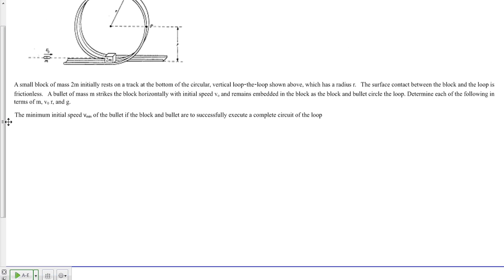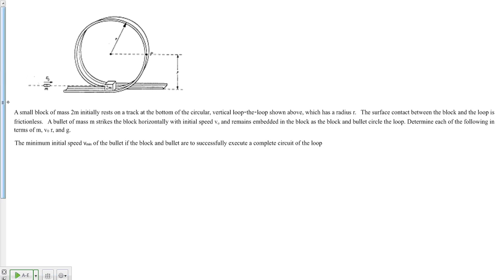Minimum speed if the bullet and the block successfully execute a complete circle. But where is it most likely going to fall off? At the top. So in order to be on the surface at the top, what are we looking for? A normal force. When the normal force equals 0, it's lost contact.